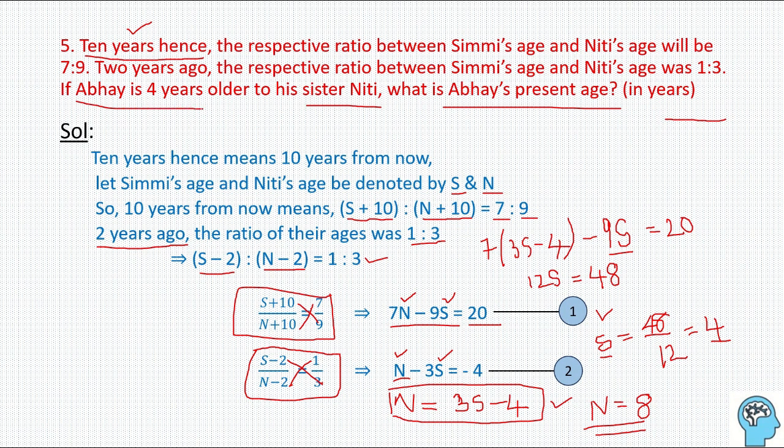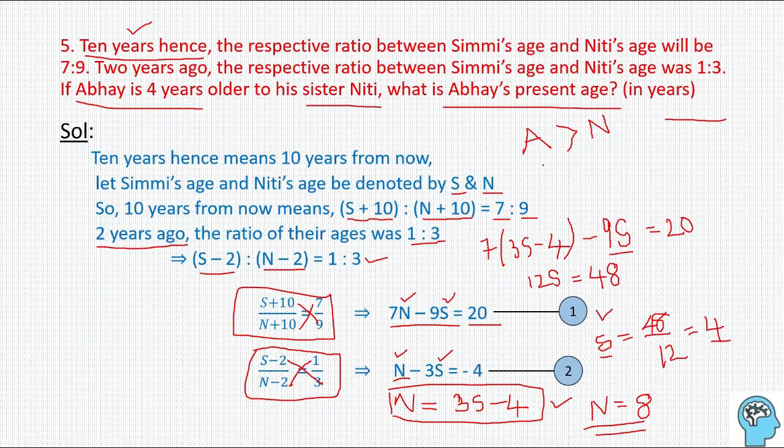Abhay is 4 years older than sister Niti. What you have to find out is Abhay's present age. So he is like the elder brother. The age of Abhay is greater than the age of sister Niti.